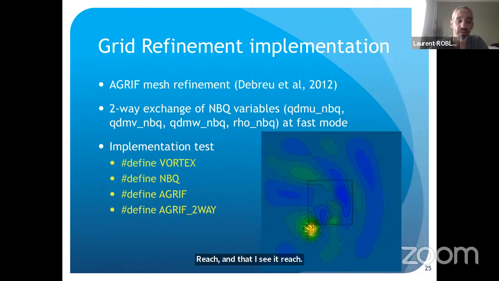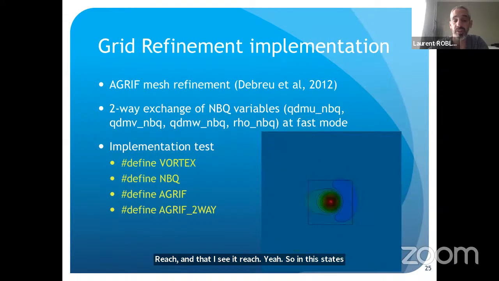In this test, the grid refinement is implemented at the center of the square domain, and we get the free evolution of the vortex. We have tested one-way and two-way nesting in this configuration.